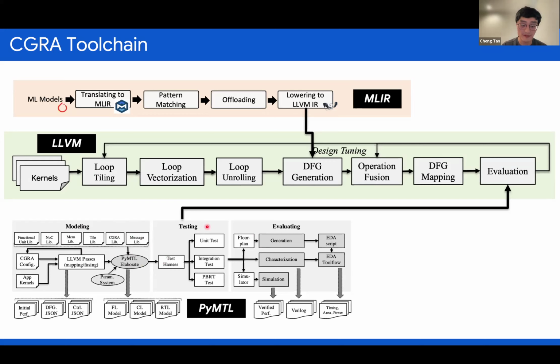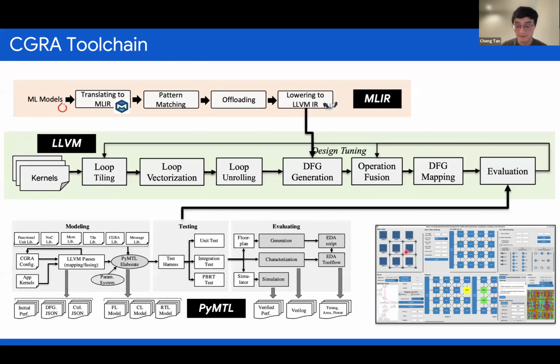We even have hypothesis testing, which uses a software way to verify your hardware in Python, right? If it's in Python, it's much easier than writing your test bench in Verilog. And then we can evaluate the synthesizable Verilog. And we also provide the GUI to chain integrating all the mentioned stuff to facilitate your development in this CGRA research.